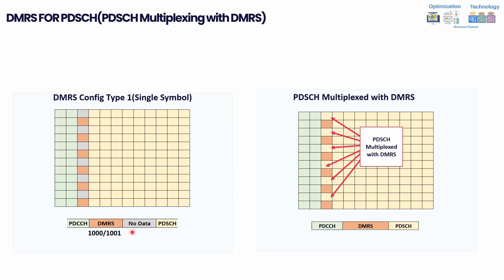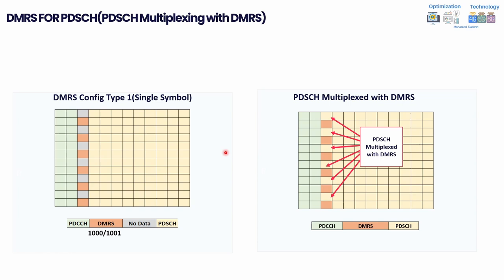The same applies with multi-user MIMO, because if another user is using different ports, we also cannot have PDSCH multiplexing as long as all the resource elements or subcarriers are allocated to DMRS. In this case, we cannot have any frequency multiplexing.